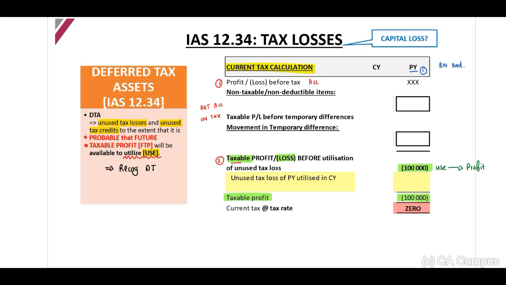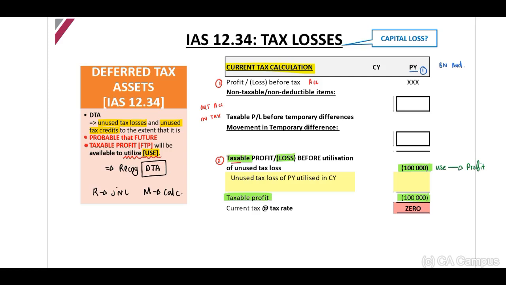a deferred tax asset. Now, if we just recap our principles here, the word recognition relates to your journal. The word measurement relates to your calculation.